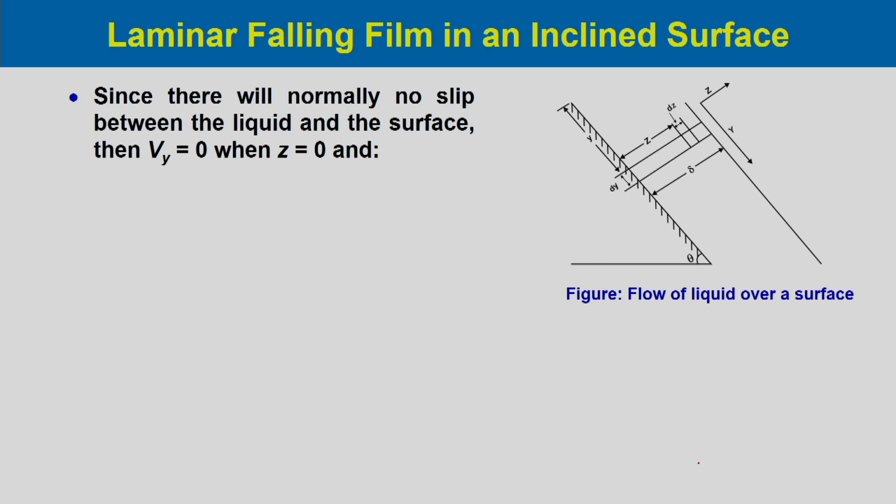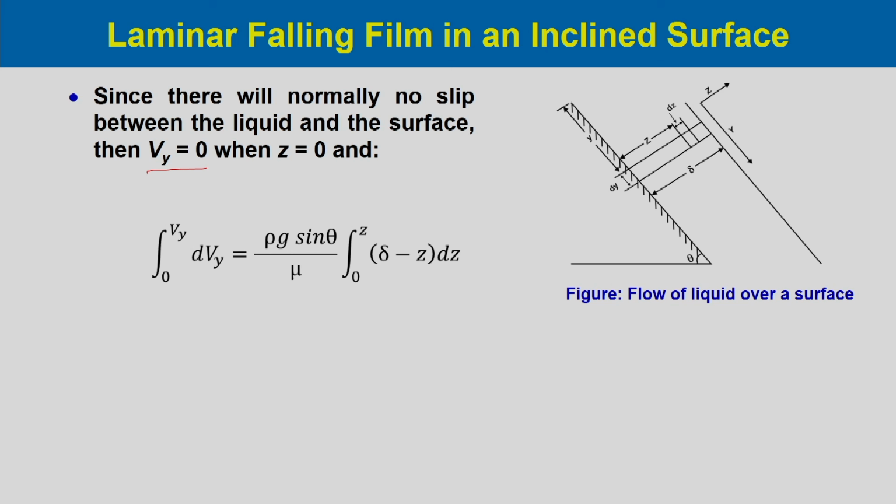Since there will normally be no slip between the liquid and the surface, the velocity Vy at z equal to 0 is 0, and we can write the integral from 0 to Vy of dVy equal to rho g sin theta by mu times the integral from 0 to z of (delta minus z) dz.